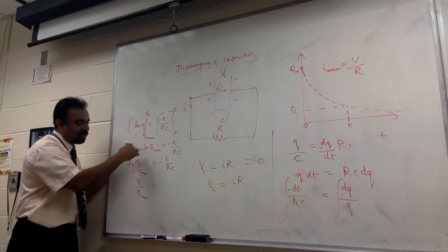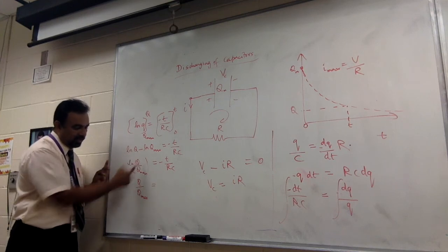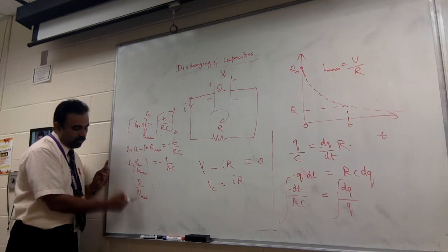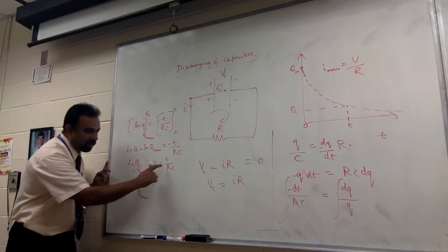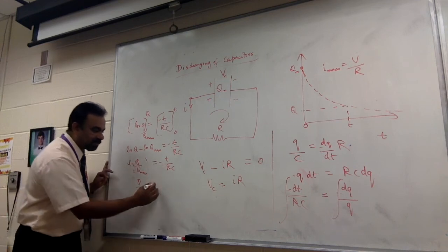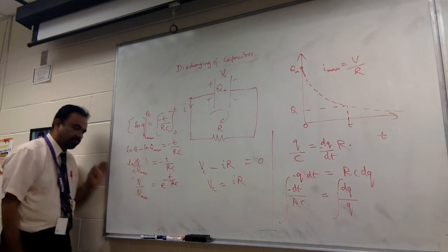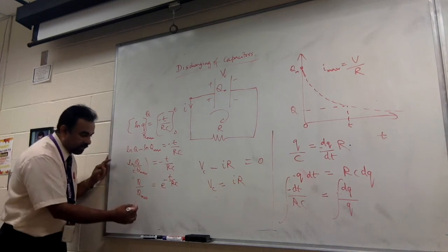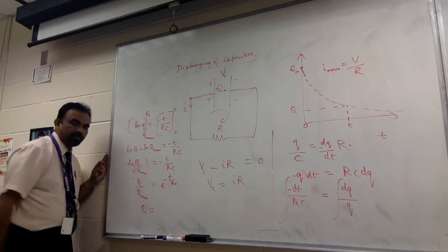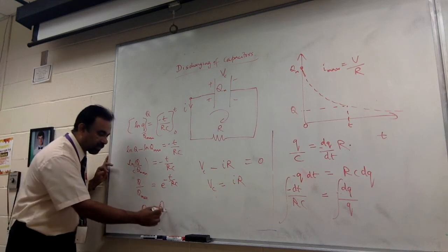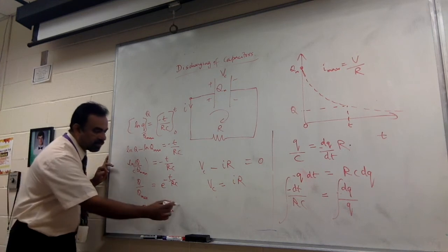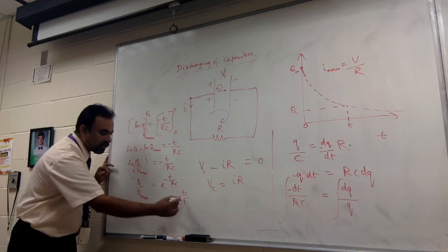So e to the power of all this will get you only that part of it, Q over Q max. So e to the power of this is going to be just the inside part, e to the power of minus T over RC. And therefore Q is equal to Q max times e to the power of minus T over RC.